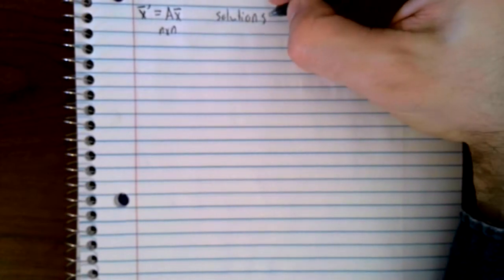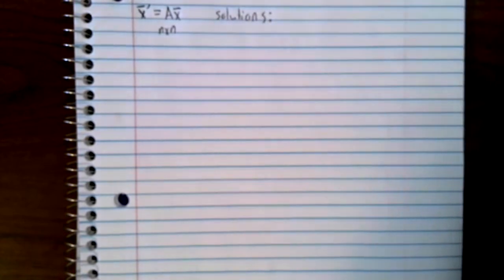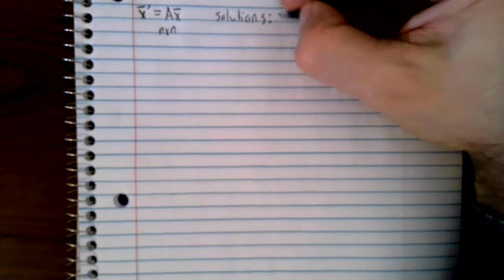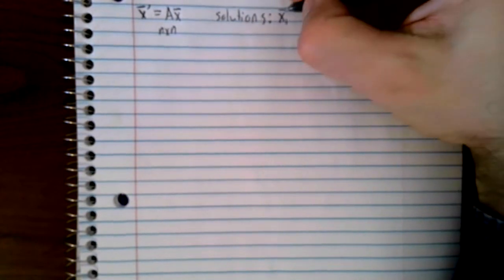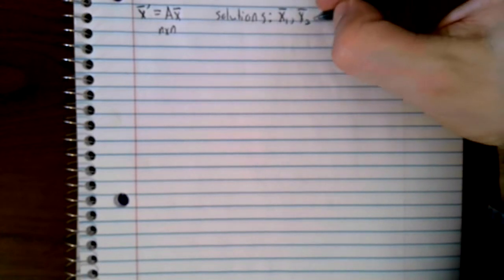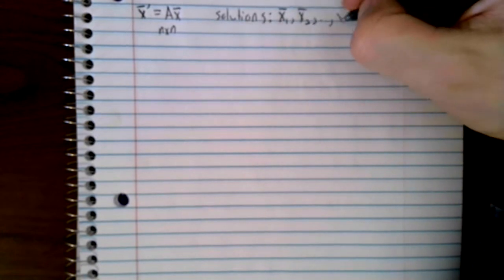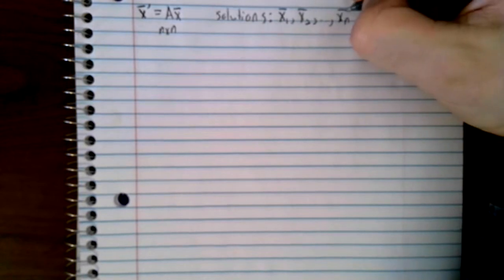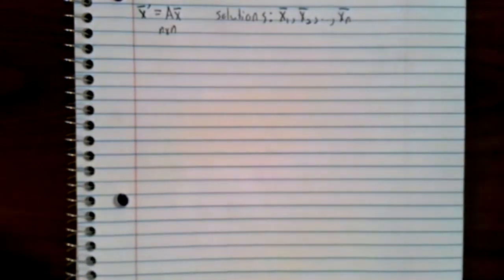This equation has n linearly independent solutions, which we can find using the techniques of previous sections. Call them x1, x2 to xn.